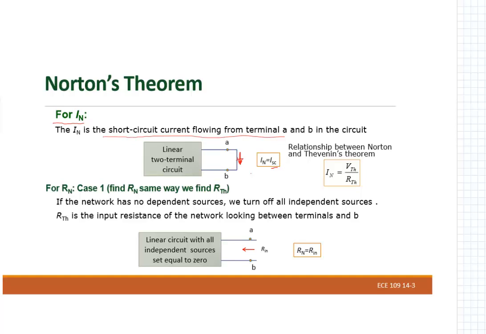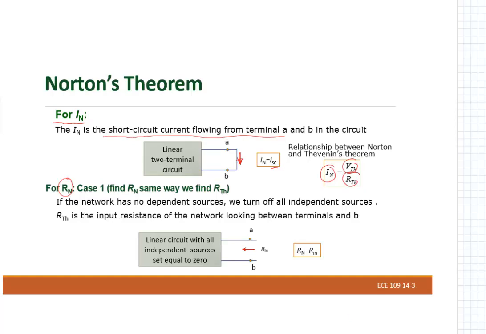or we can call this the short circuit current. There is a relation between Thevenin and Norton. If you know the VTH and RTH, we can find the Norton current too. So when we come to find the equivalent resistance value, we have two cases.